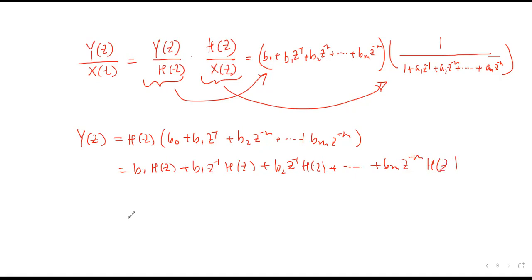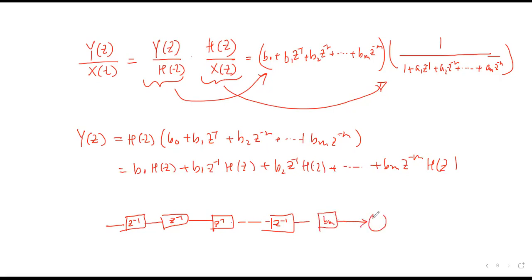You can easily represent this one. So we have z inverse, going up to z inverse m number of them. The m-th one will be multiplied by bm, and these are added together.